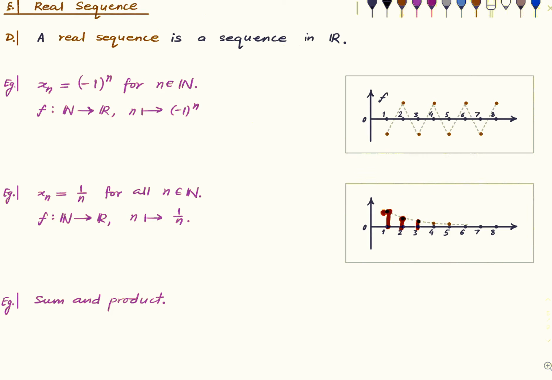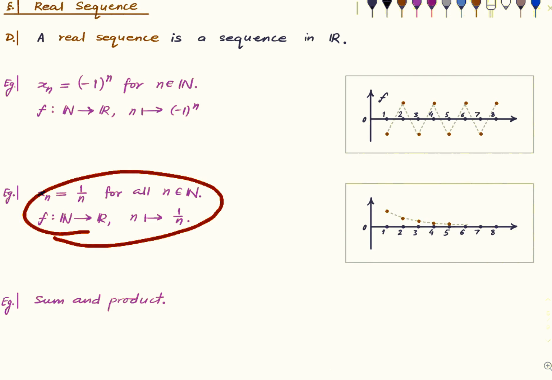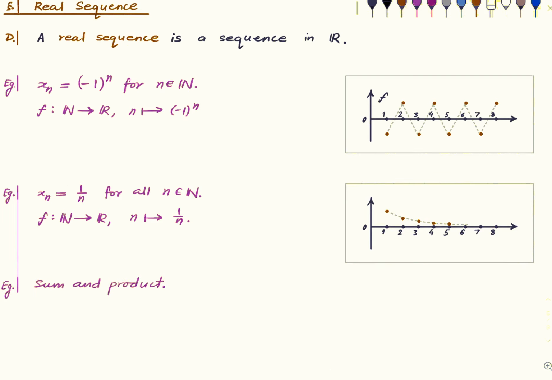At 3, you get 1 by 3. So it kind of decreases and dies down, so to say. All right, so these are two simple examples, but once you have two sequences, you can create more out of them. So suppose we have two sequences, and this time we will use this notation. So these be two real sequences.